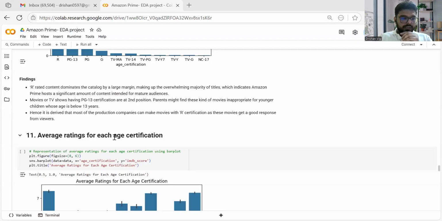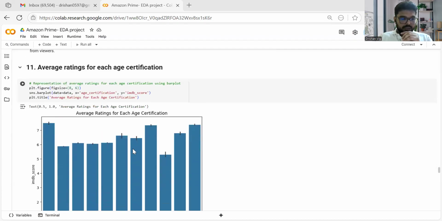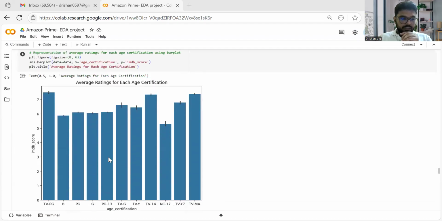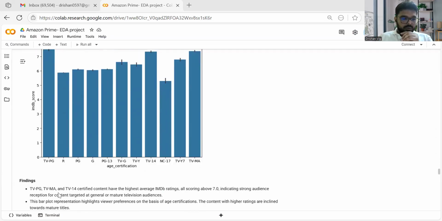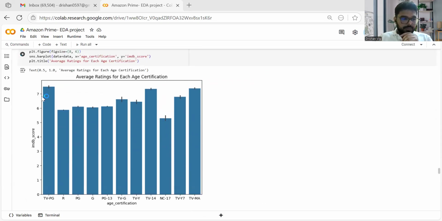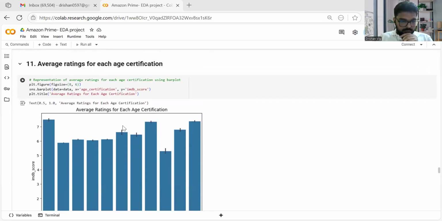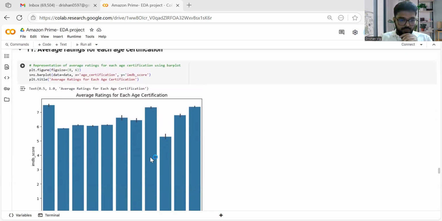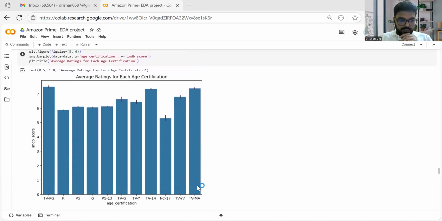Now, average ratings for each age certification. So these are the average ratings for each age certification. So basically, TV-PG, TV-MA, and TV-14 certified content have the highest average IMDb ratings, as you can see in this visualization, all scoring above 7. See, TV-PG scores above 7, okay, and this one is TV-14, and this is basically TV-MA.